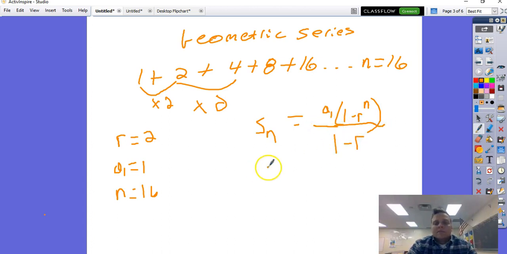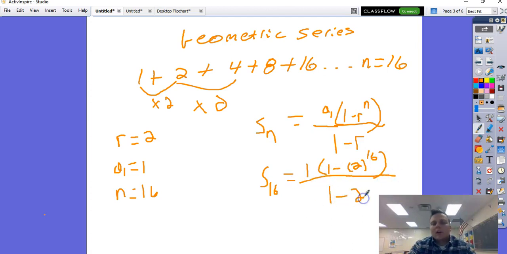For this problem, S sub 16 is equal to the first term, which is 1, times 1 minus r, which is 2, raised to the 16th power, divided by 1 minus r, and r is 2, so 1 minus 2.